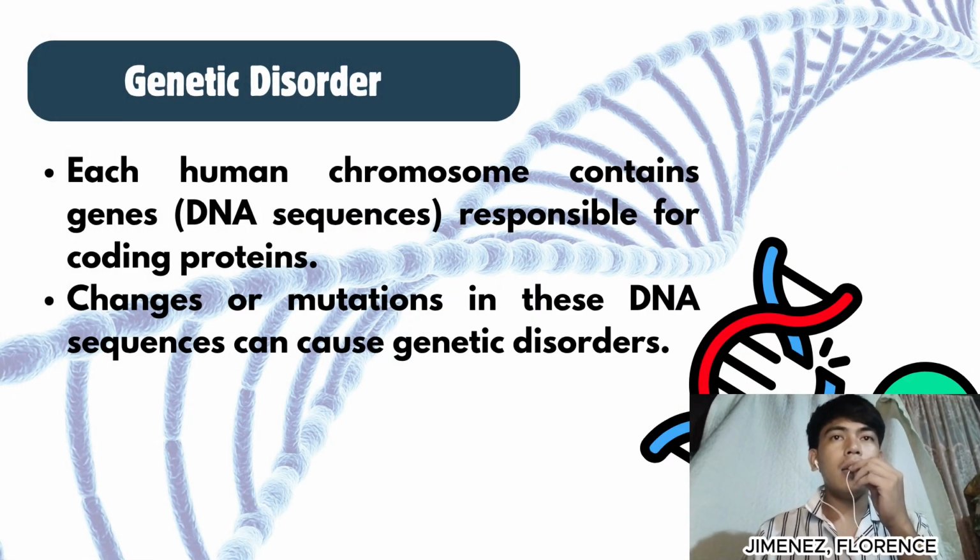As we all know, each human chromosome contains genes or DNA sequences responsible for coding proteins. And these proteins carry out most of the body's functions, such as building tissues or defending us from diseases. Basically, changes or mutations in this DNA sequence can cause genetic disorders.